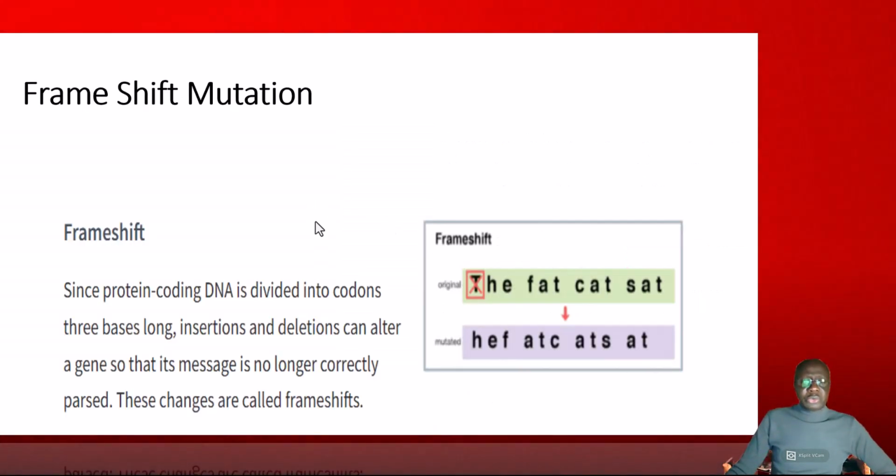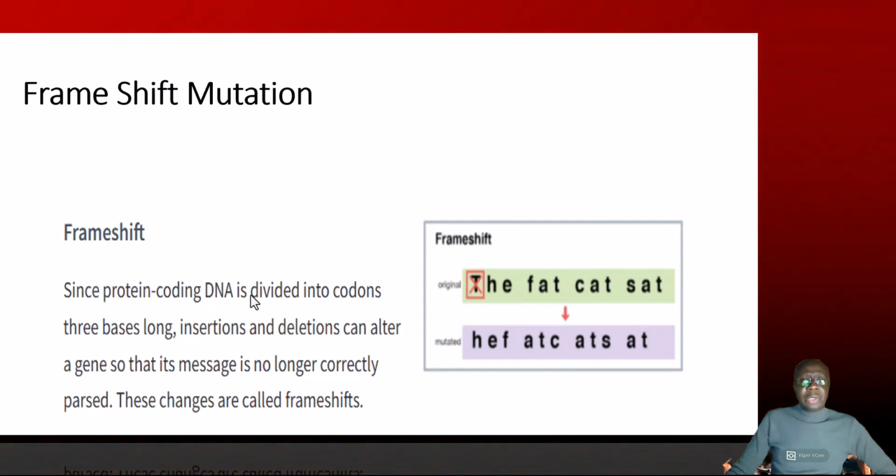Now, the next two types of mutations are categorized as frame shift mutation. What frame shift mutation is, for example, DNA, as I said, makes the codes for the protein. It codes for the amino acids, and the amino acids code for the proteins that make up your cells and your tissues in your body.